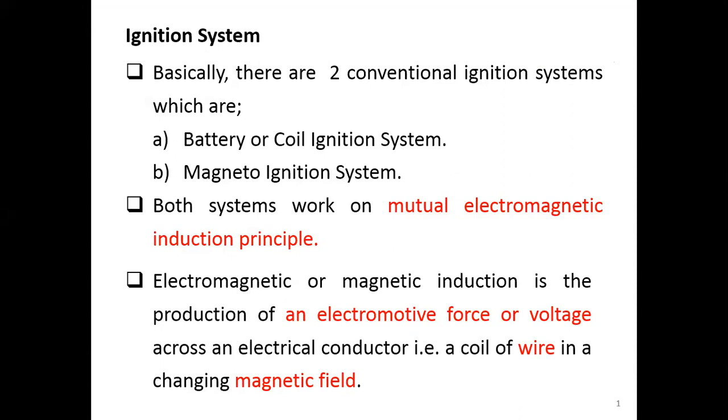Okay, so today we are going to talk about the ignition system. Basically there are two conventional ignition systems. The first one we call the battery or coil ignition system, and the second one we call the magneto ignition system.